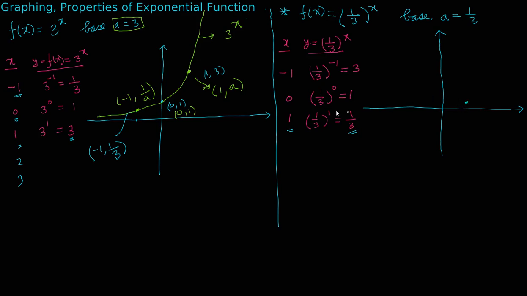Then x is 0, y is 1, which is somewhere here, and (-1, 3) will be somewhere here. So this is (-1, 3), this is (0, 1), and this point is (1, 1/3). Now if I connect all these points, I get a graph something like that.